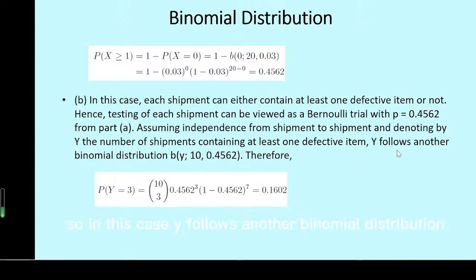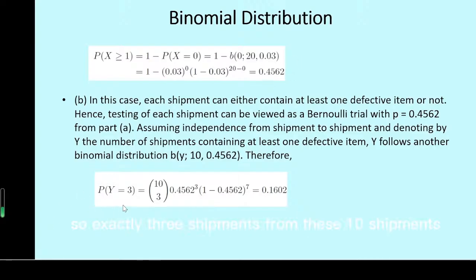In this case, Y follows another binomial distribution, b(y; 10, 0.4562), because we want to know about the total of 10 shipments, right? With the probability 0.4562 we calculated from question A.